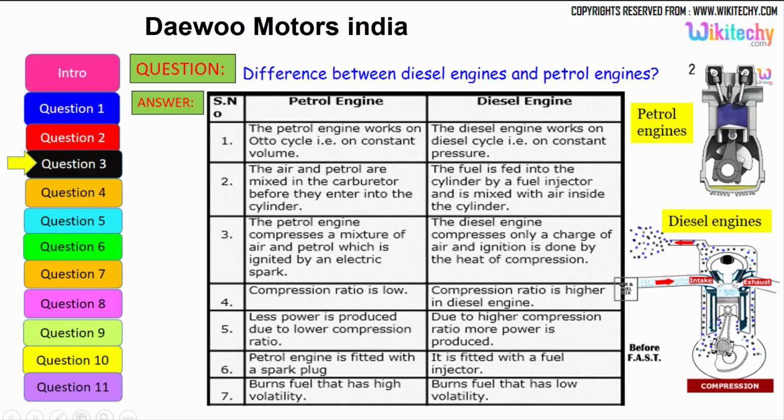The petrol engine burns the fuel with a high volatility, so the petrol is highly volatile, whereas the diesel engine will burn the low volatility liquid also, so diesel is a low volatile liquid. So these are some of the differences between the petrol engine and diesel engine.